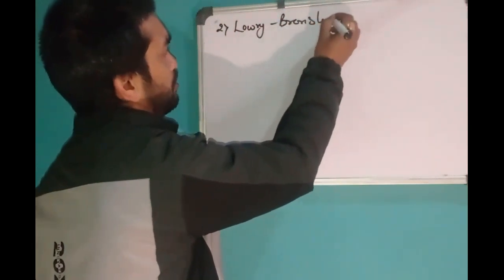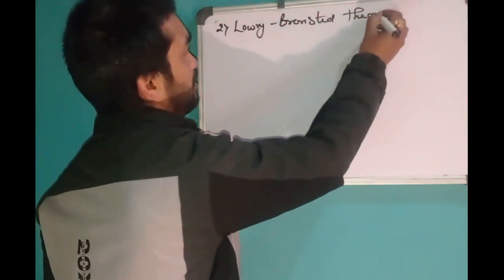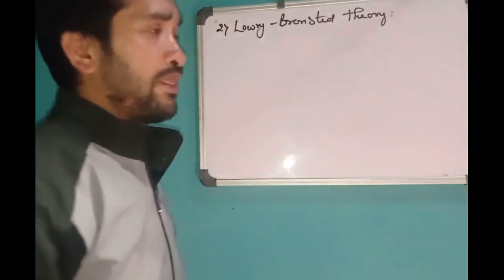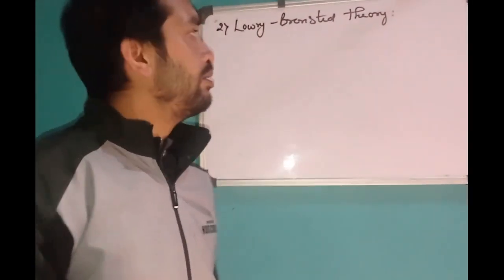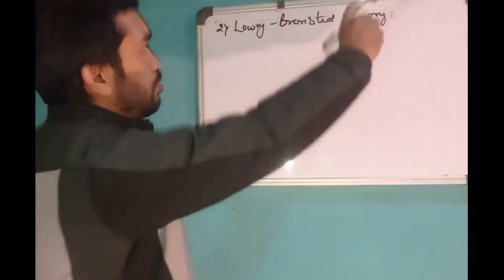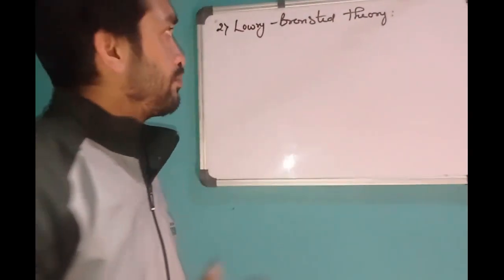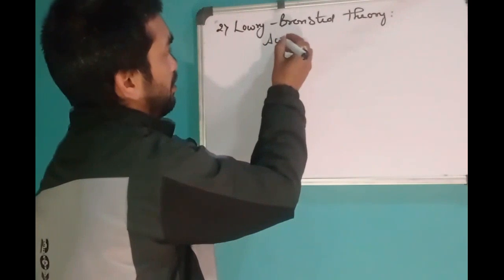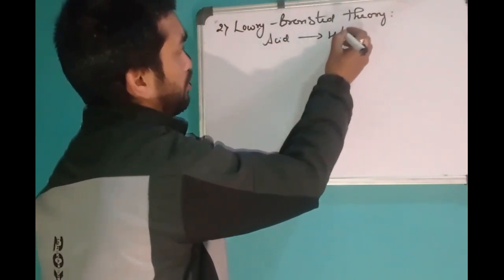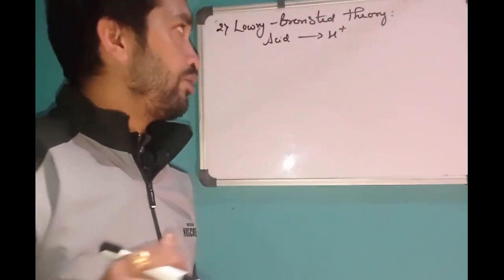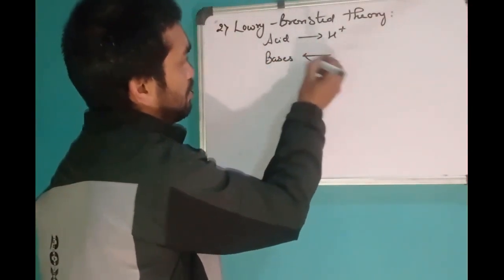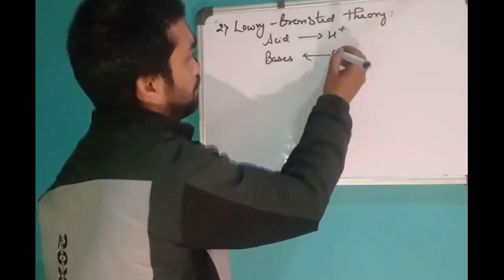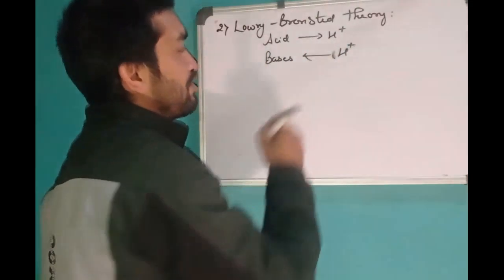Lowry-Bronsted theory. This is also a theory which identifies a species for its acidic or basic nature. The third theory is about salts, which we will discuss later. So according to Lowry-Bronsted theory, acids are the species which give out H positive ion, just like Arrhenius theory. But here he defined bases as those species which add H plus ion.